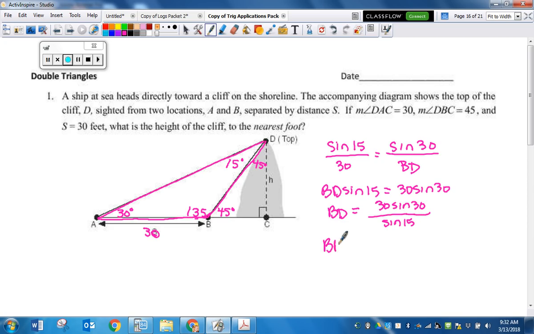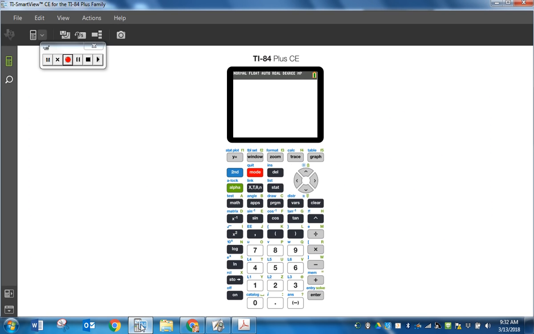And you can go to your calculator and check, pause if you need to, and plug in 30 sine 30 over sine 15. Fraction key, 30 sine of 30 on top over sine 15.